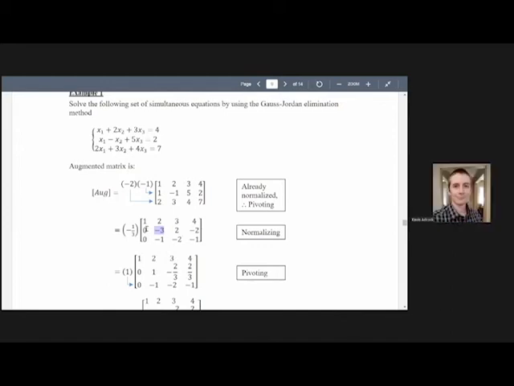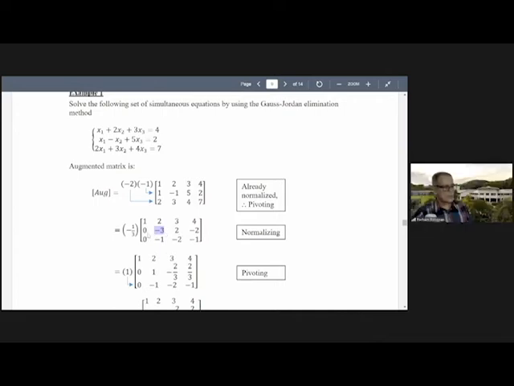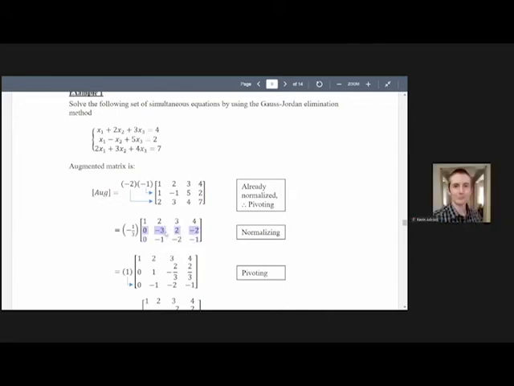You just multiply it by -1/3. Very good, you're right. Multiplying this row, the second row, by -1/3 makes this one 1.